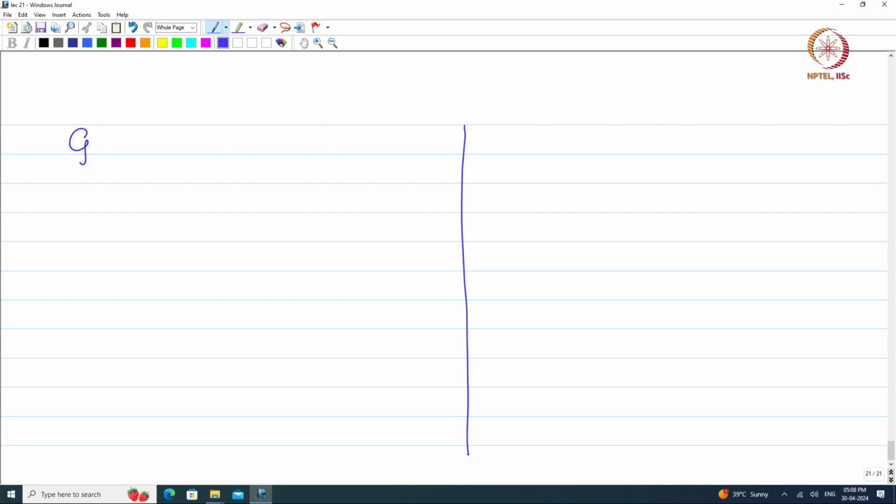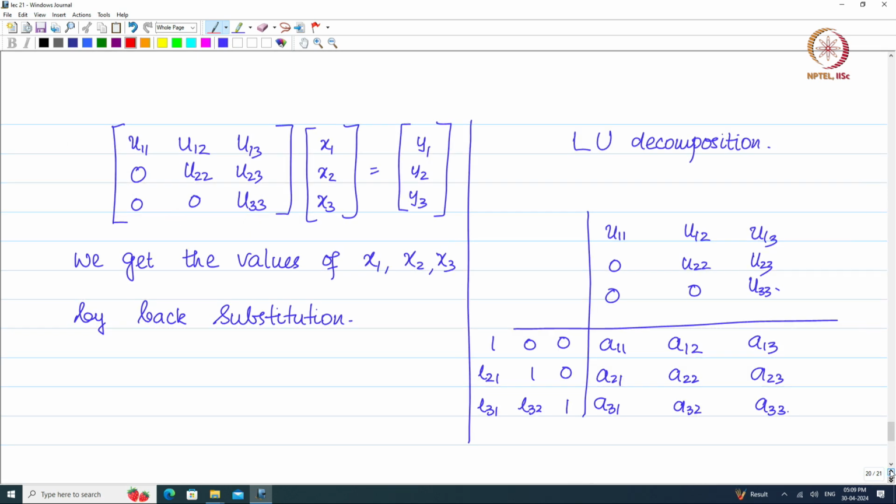So, given Aij, we need to find out Lij and Uij, right. So, how do we do this? We see very clearly from the previous page that we can write this matrix A as a product of L and U.